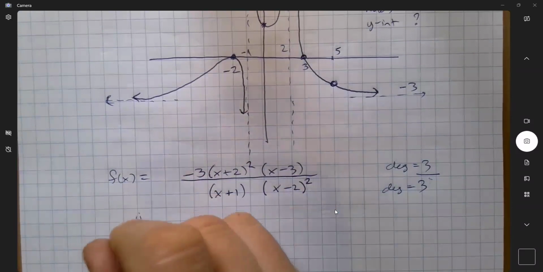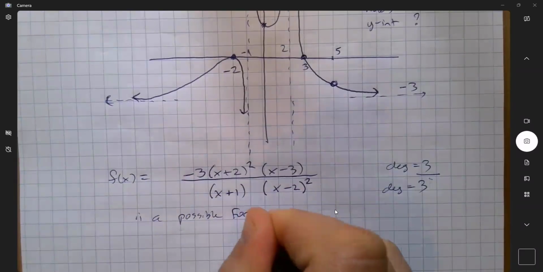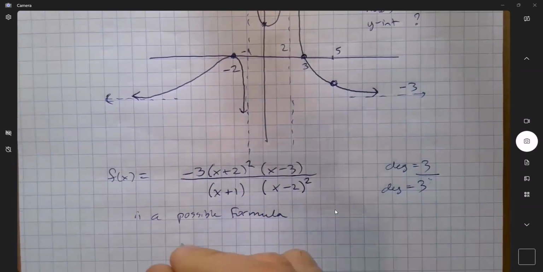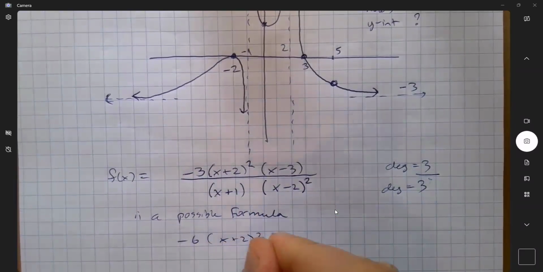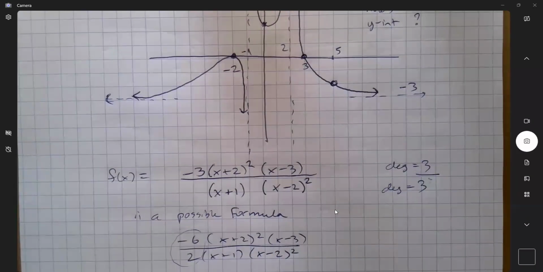This is a possible formula, but so is -6 times x plus 2 squared times x minus 3 all over 2 times x plus 1 times x minus 2 squared, because the ratio of those coefficients is still -3. But these two formulas are actually identical.